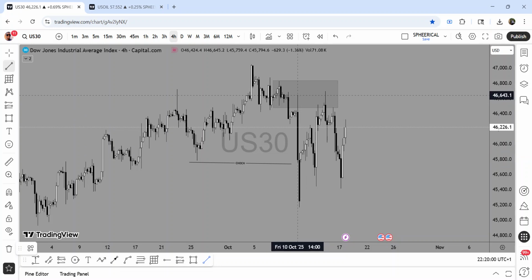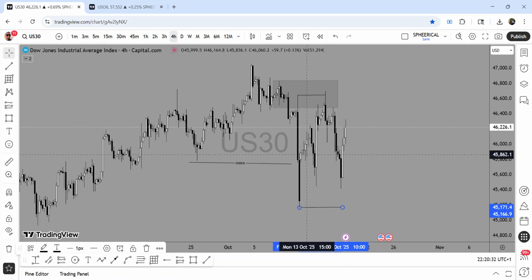Let me mark those 2 points here. From here, you can see this market has been ranging within this zone. This point is a ranging market.